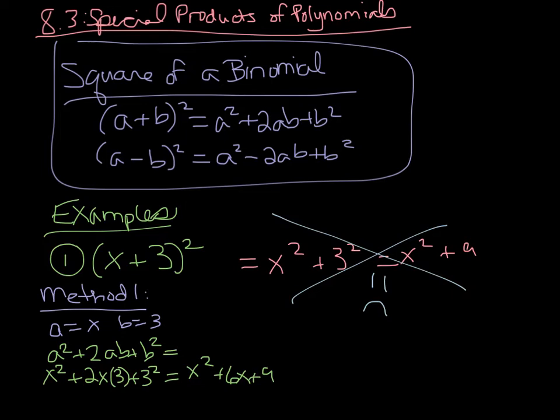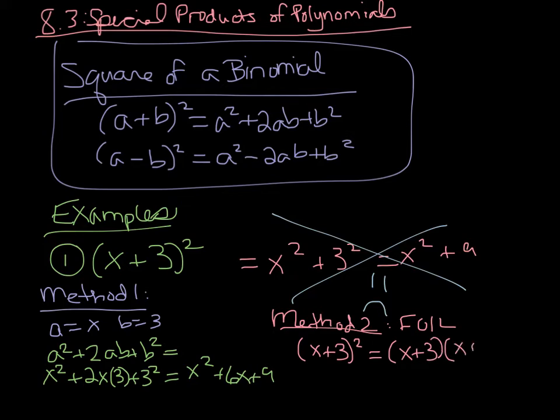If you're not so good and you think you'll forget that, the other method to use on this one is the FOIL method. You would first rewrite this as (x + 3) times (x + 3). From there, you do what you did in the previous chapter with FOIL.